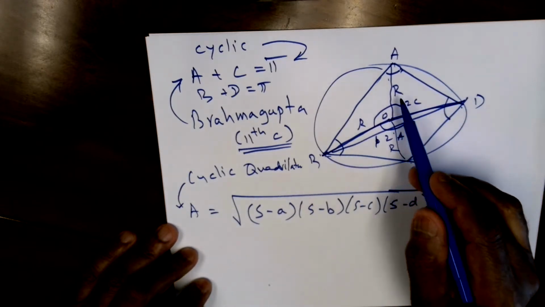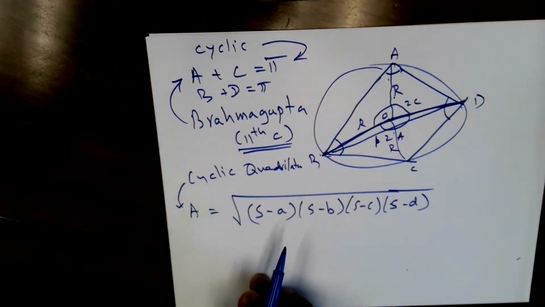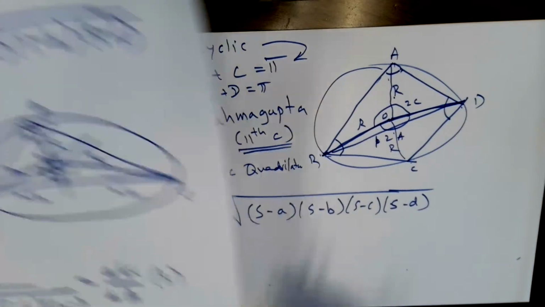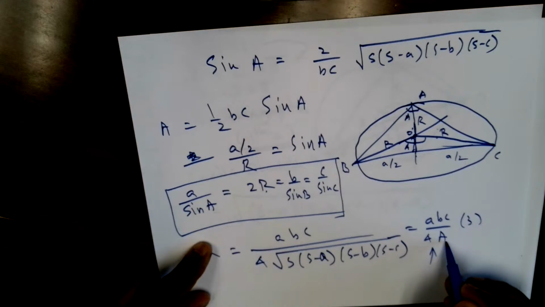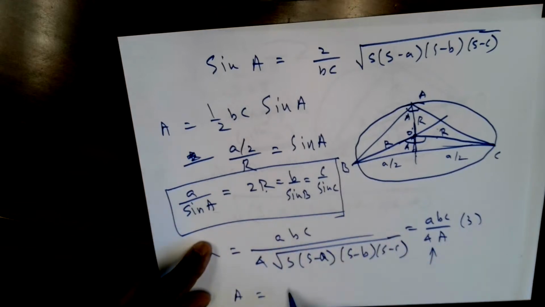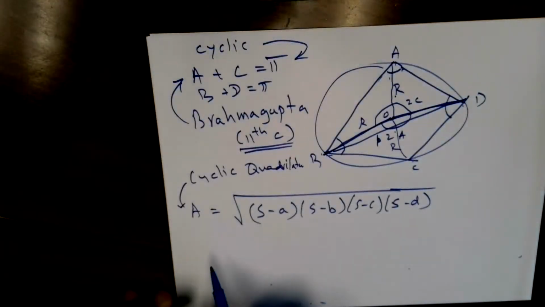And it's the same circle with the radius r. So we can use an earlier formula, which we had here. The area is abc over 4R. So we can use this formula to get this. So this is a good trick.